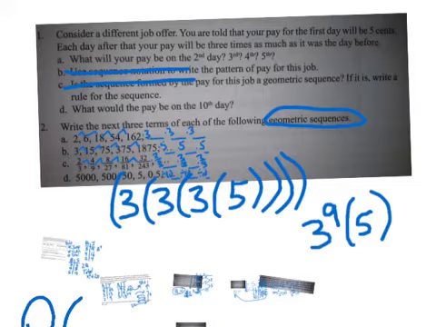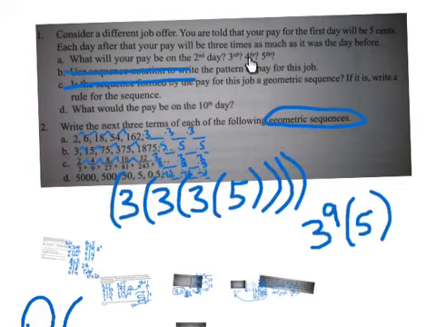I'll jump right to it exponentially, we're doing 3 times as much on this problem. So exponentially, you have 5 on the first day, times 3 the second day, times 3 the third day, times 3 the fourth day. So I'm going to have 3 raised to the day minus 1 power. On the 10th day, we're going to have 3 raised to the 9th power times 5, which was your original cents.